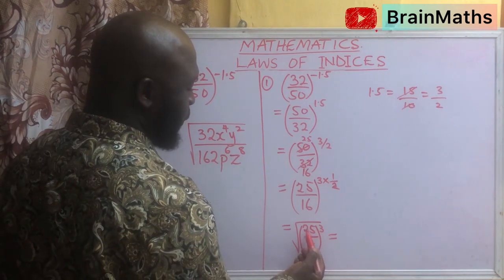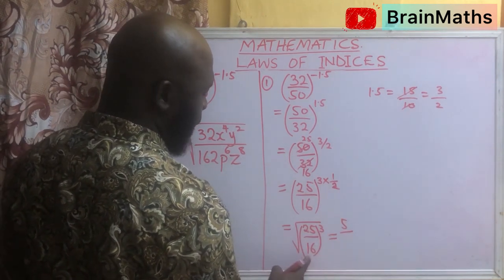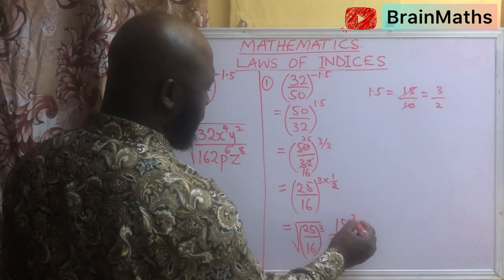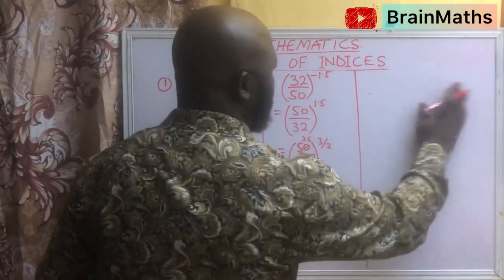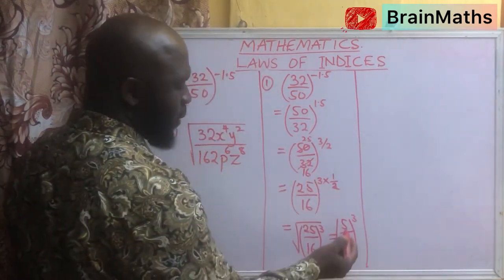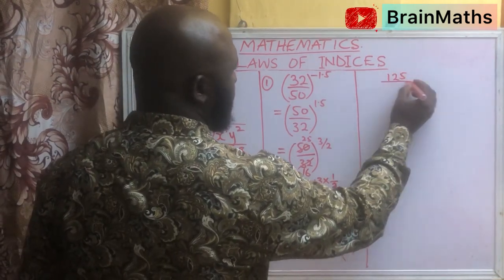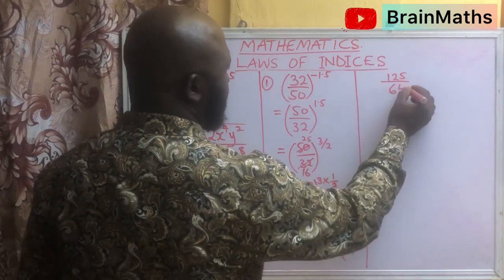And square root of 25 is 5, so that says 5, and that is 4 having a power of 3. So 5 raised to power 3 is 125 over 4 raised to power 3 is 64.